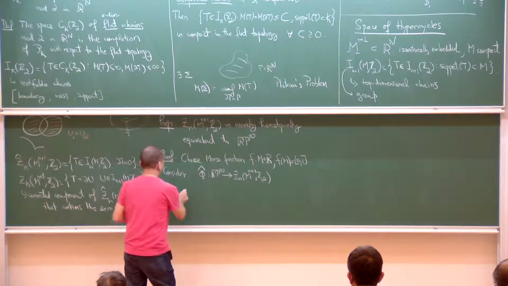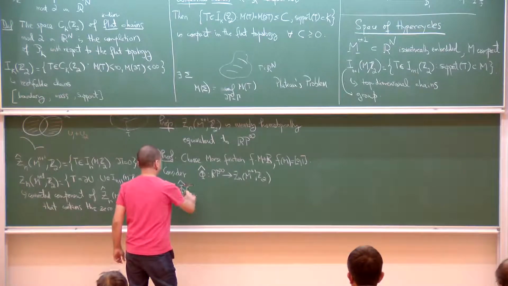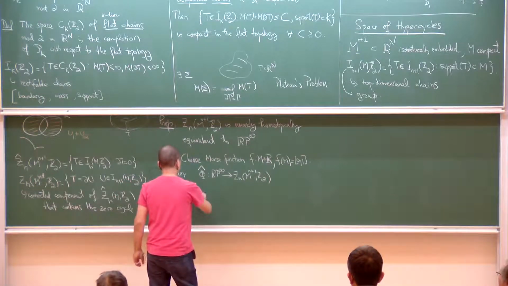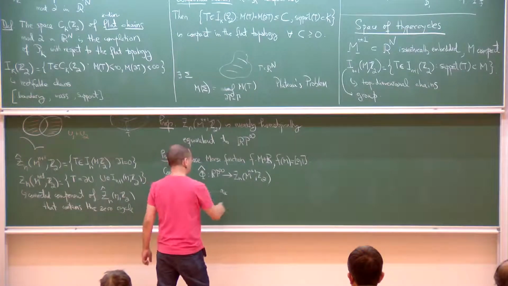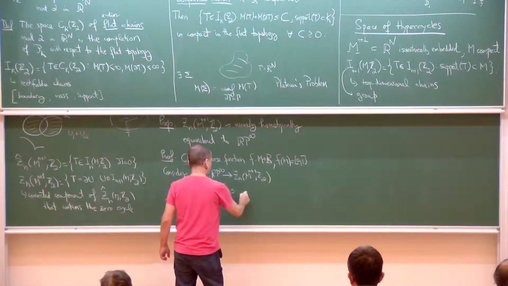If you give me a point in RP infinity, it's going to have projective coordinates like this, and at some point these numbers will be equal to 0.